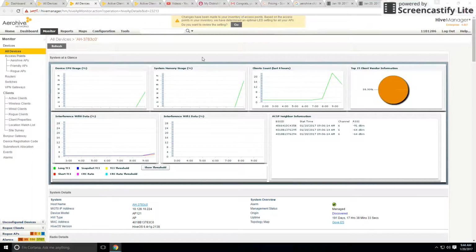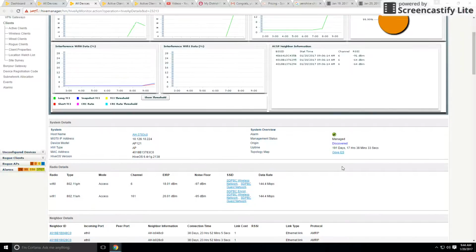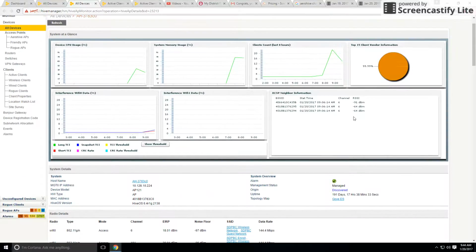So there's nothing really there that looks particularly worrisome. One thing we are seeing here, if we look at this automatic channel selection protocol neighbor information, is a neighbor which is on the same channel, channel 6. If you go down here, you can see that the radio details were on channel 6.